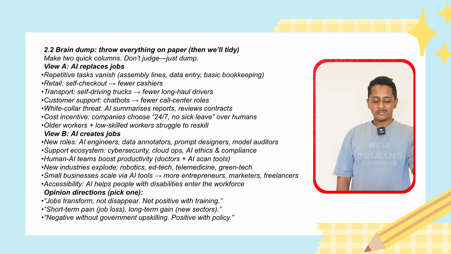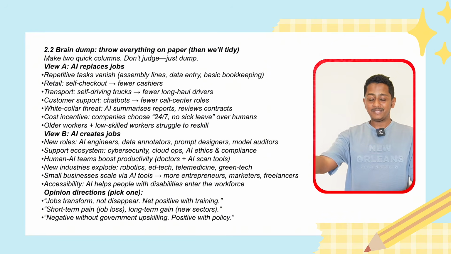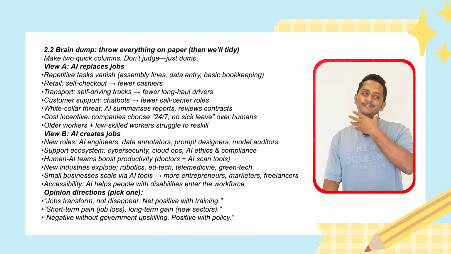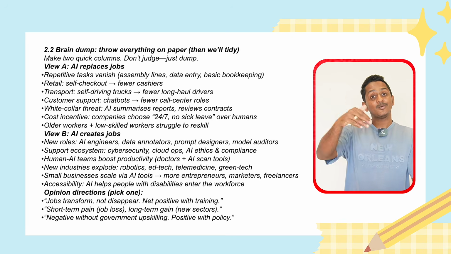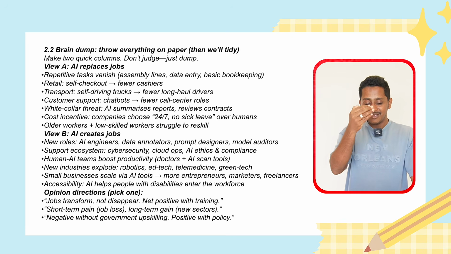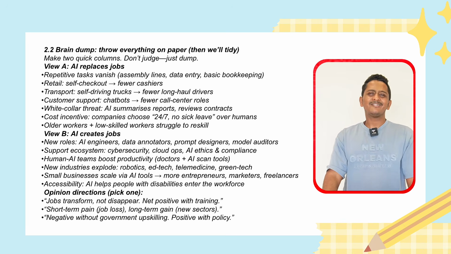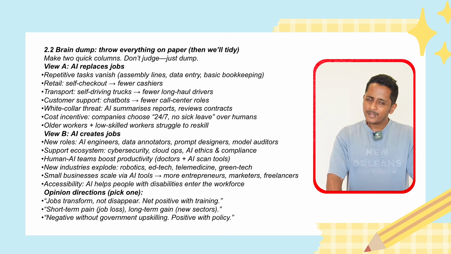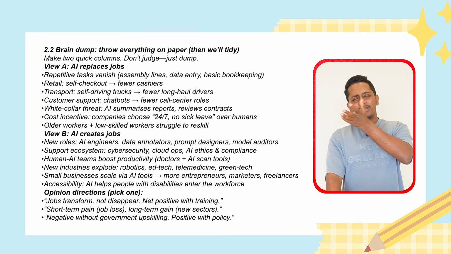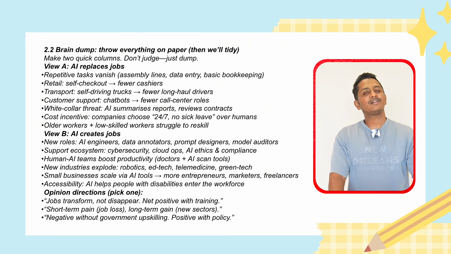Opinion: jobs will transform but not disappear. Net positive with training, or short-term pain, jobs may be lost for some time but over time it can gain traction, or negative without government upskilling. Whatever opinion you want to put in the end, you just think, okay, this is what I write. Though AI creates jobs, over a period of time it takes away everything. Whatever comes to your mind, just brain dump. This is the first step.